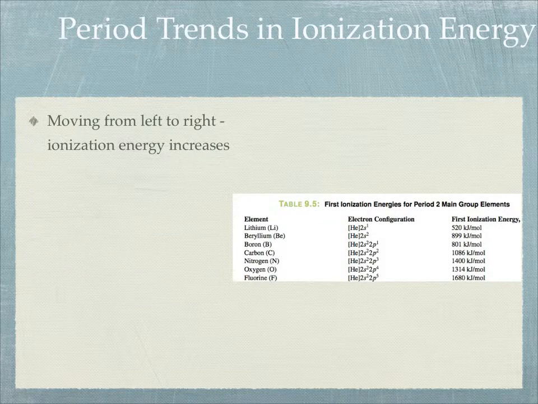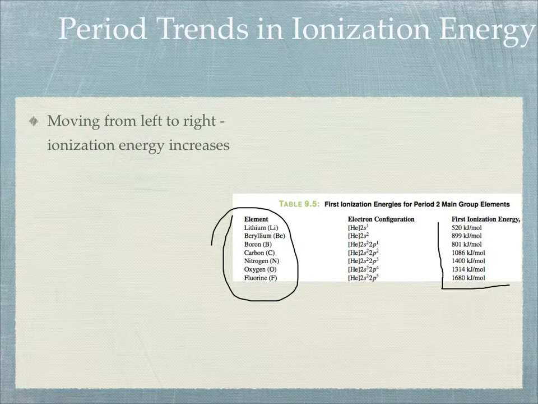So let's talk about some trends that we see, and hopefully you wrote down, and you already know a little bit of this, but trends as we move from left to right across the periodic table. You can see here we've got our elements in period 2, and as we go across the periodic table, it goes 520, 899, 801, 1086, 1400, 1314, 1680.